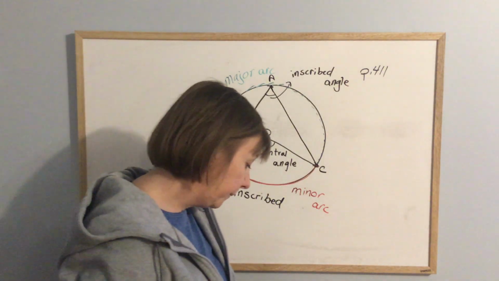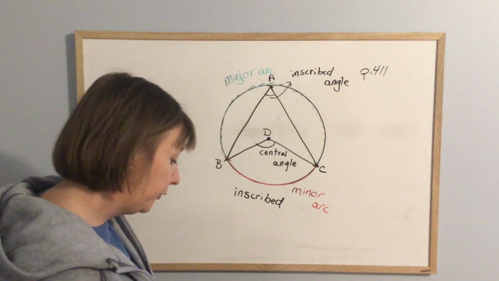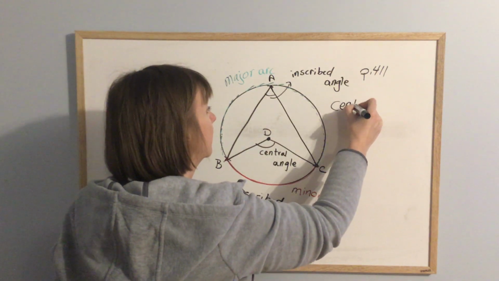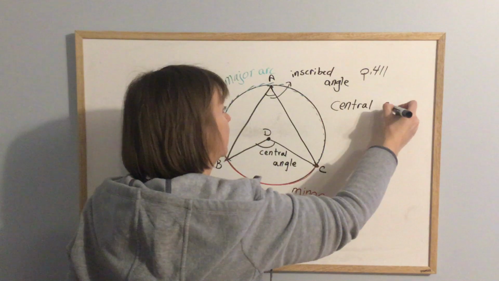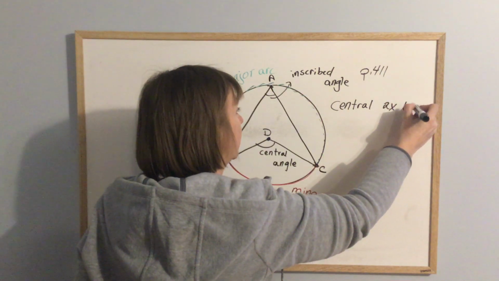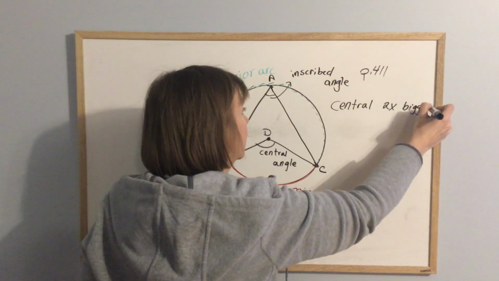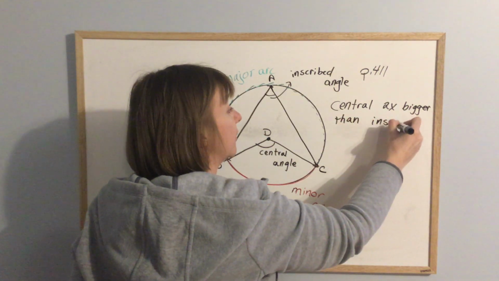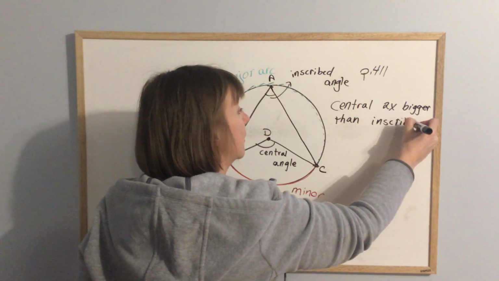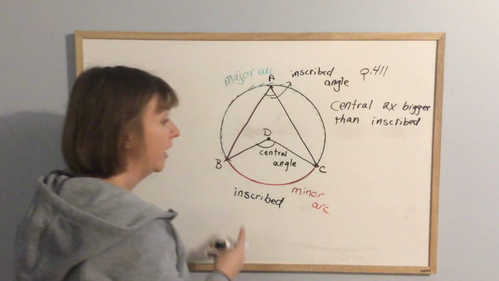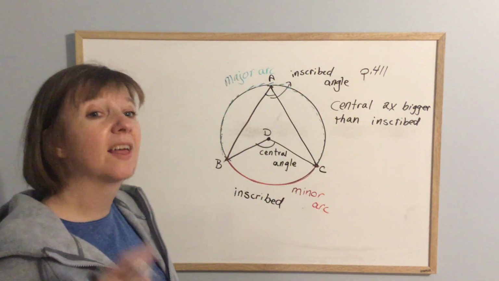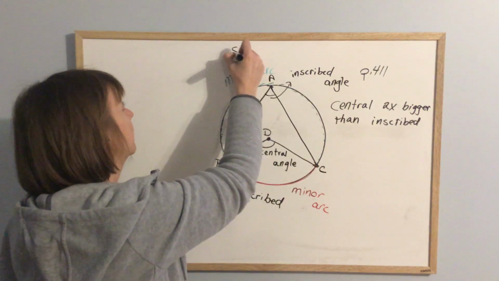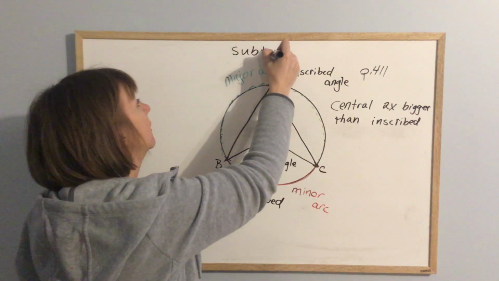And the first one says a central angle is 2 times bigger than an inscribed angle that are, here's the word that I wanted, subtended. Subtended is the word.